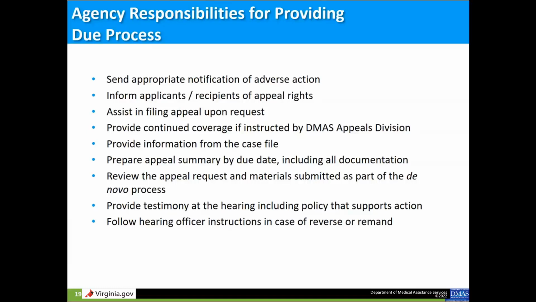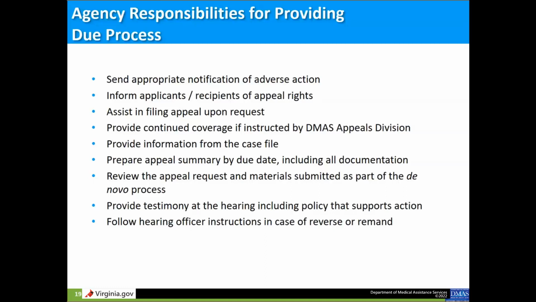During the appeals process, full participation from the local agency is required by providing complete information as to the adverse benefits determination from the case file and preparing an appeal summary by the due date provided by DMAS. As discussed in the preceding slides, the agency must also consider any new documentation that the appellant has submitted during the appeals process to determine whether or not it would change the original determination.